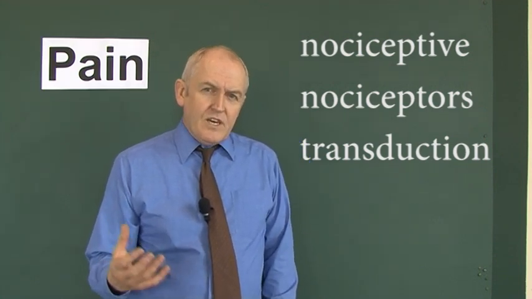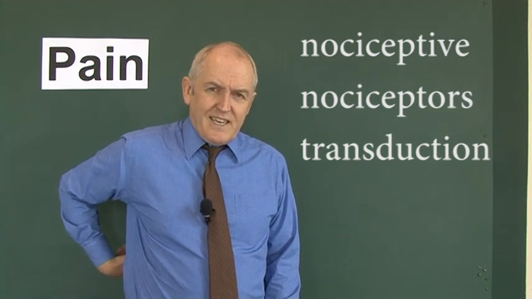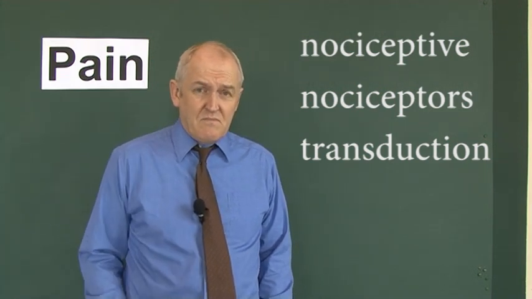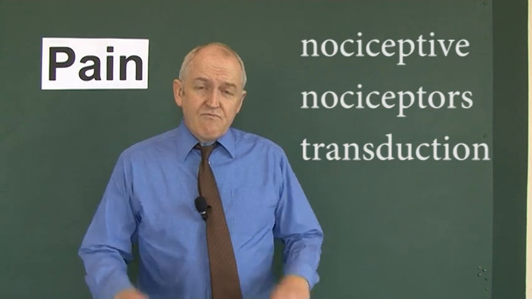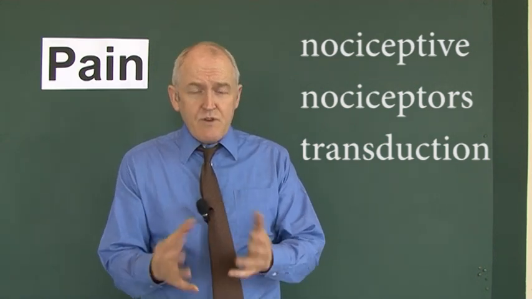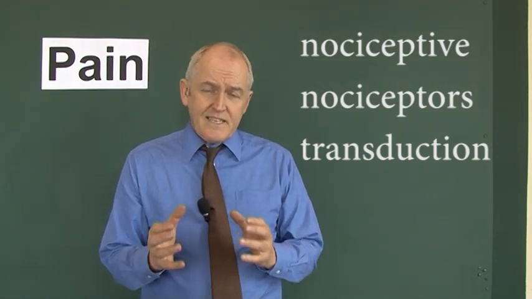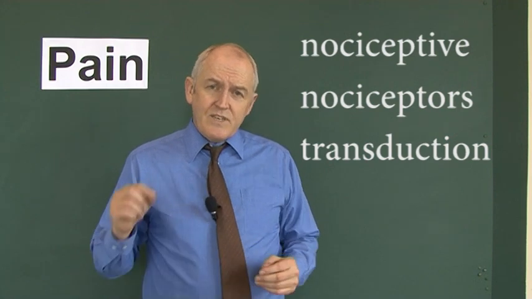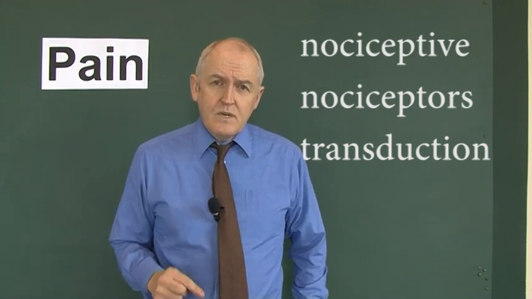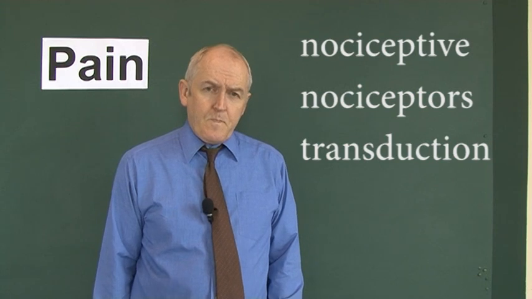Now, you might have noticed it hurts if someone pokes you in the kidneys. Very painful. Well, the reason for this is the renal capsule is very rich in nociceptors, so a stimulus to the renal capsule is going to cause pain.